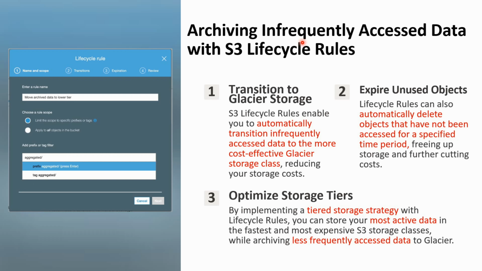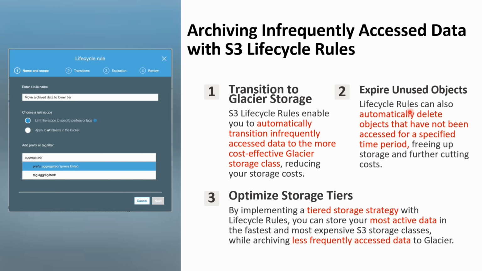Archiving infrequently accessed data with S3 lifecycle rules. Transition to Glacier storage. S3 lifecycle rules enable you to automatically transition infrequently accessed data to more cost-effective Glacier storage class, which reduces your storage cost. Expire unused objects.